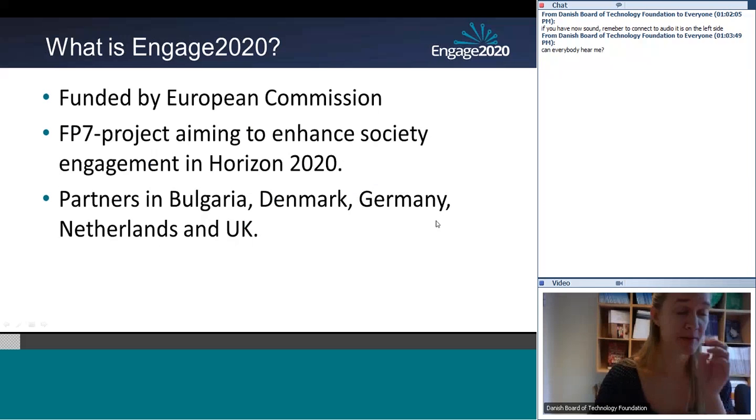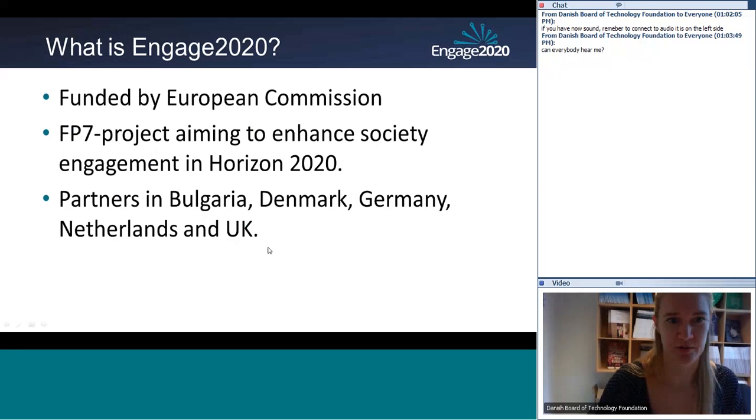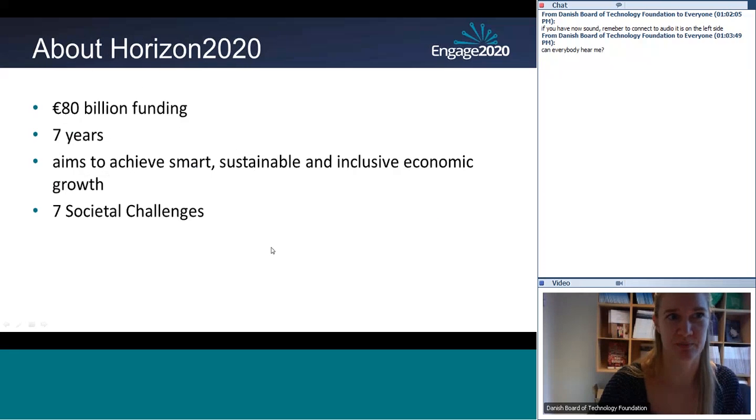So the key purpose of Engage2020 is to ensure more and better societal engagement in research and innovation, especially with a focus on Horizon 2020, because Horizon 2020 is so far the biggest research program in the European Union. It's 80 billion euros in funding. It runs over 7 years.